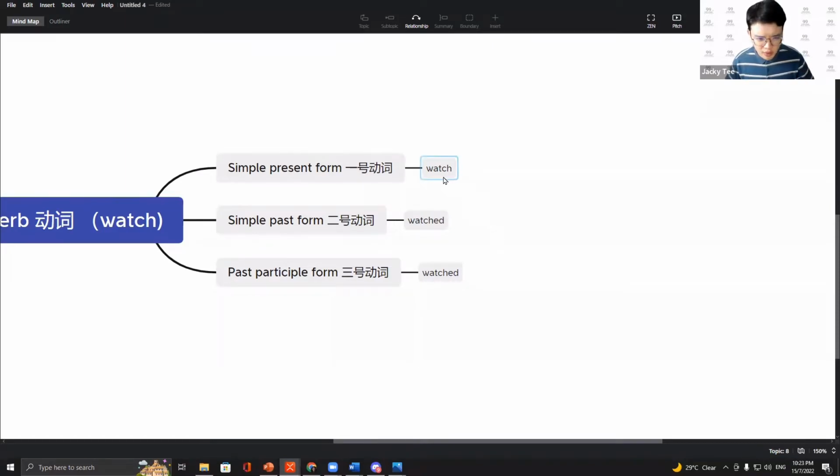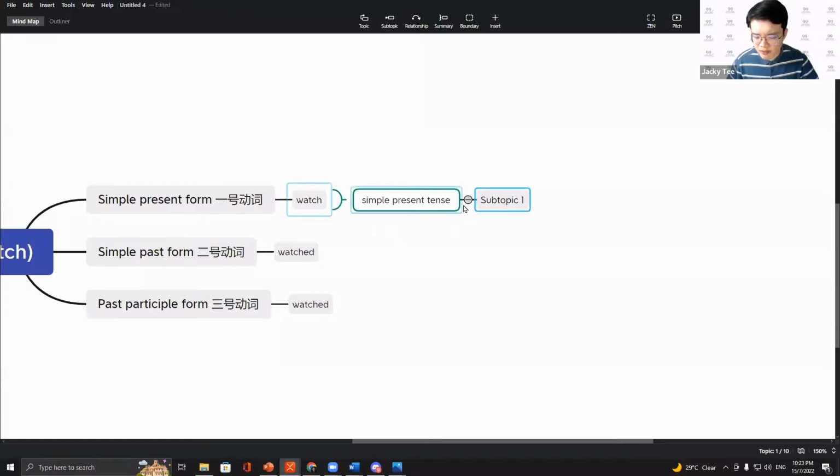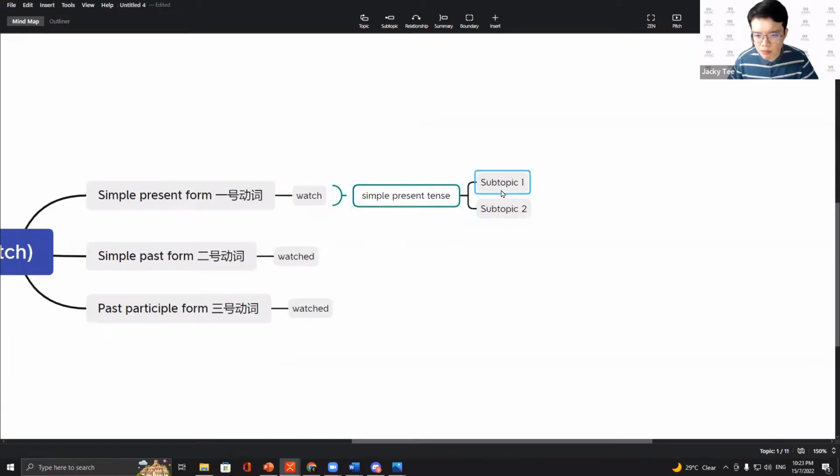So let's start from verb number one, which is the simple present form. Normally, we can find this verb form in simple present tense sentences. So normally you can find it in a sentence that applies the simple present tense form. Normally the verbs that appear in a simple present tense sentence go around plus s and no s.